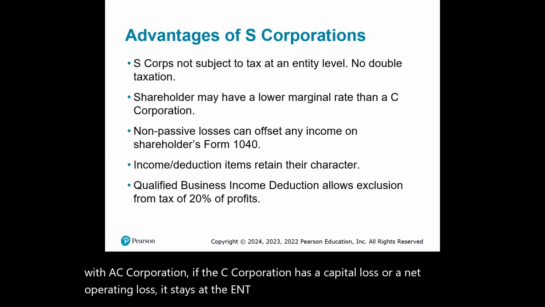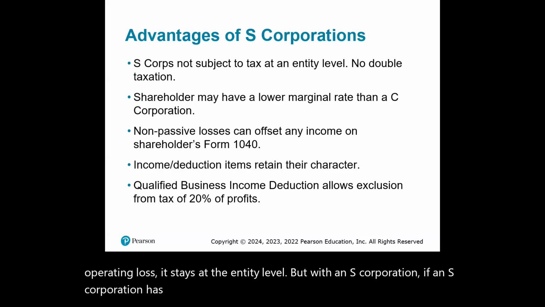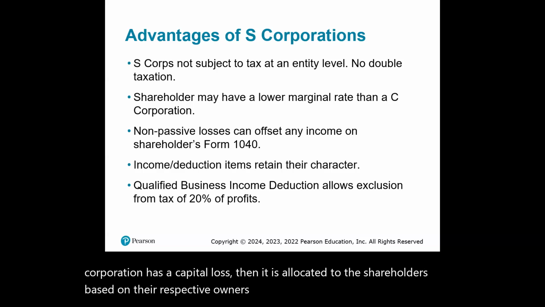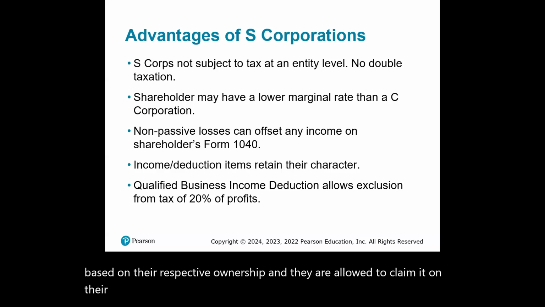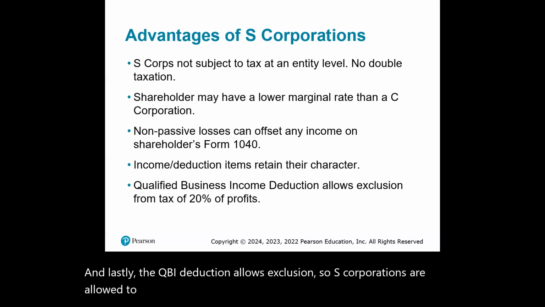But with an S corporation, if an S corporation has a capital loss, then it is allocated to the shareholders based on their respective ownership, and they are allowed to claim it on their personal tax return. And lastly, S corporations are allowed to claim the QBI deduction.